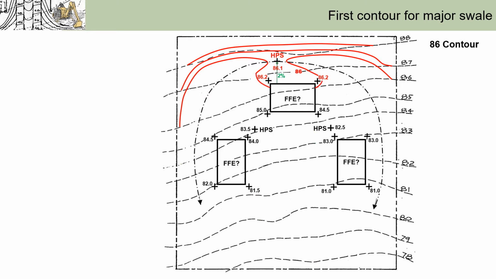Next, we'll move forward to sketching out the first contours that form the small swales. Okay? Conceptually, they should look like this, right? With the left one being an 83 contour and the right one being an 82 contour based on their HPS we set before.